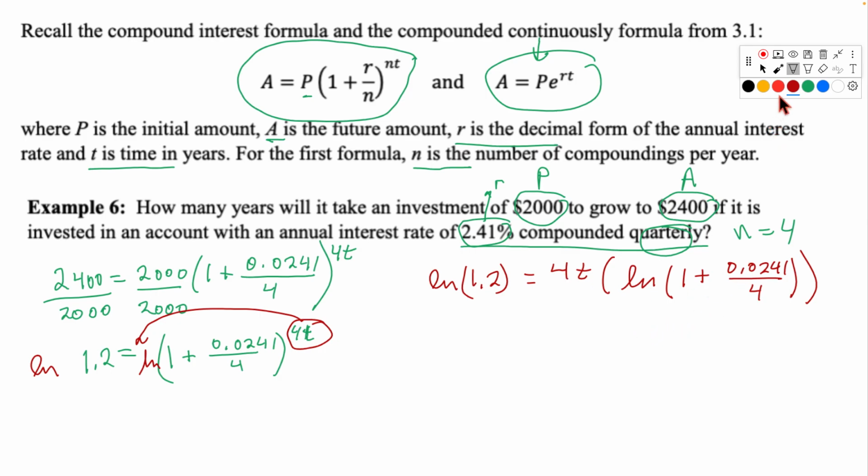So I could rewrite this now. It's the natural log of 1.006025. Again, just so I can be as accurate as I can be. 4t is out here, right?